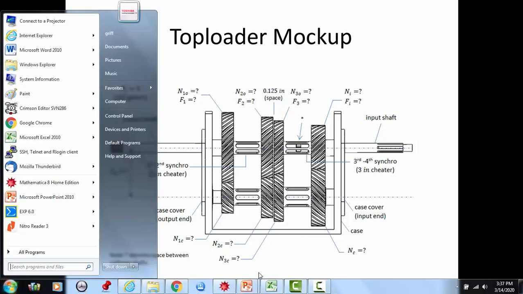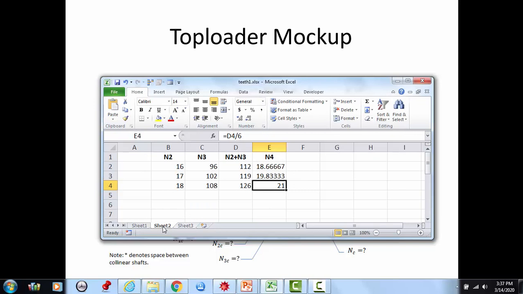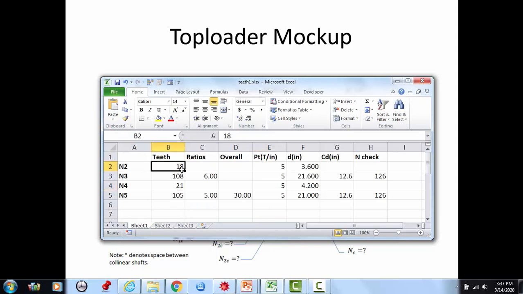So take a look at this from an Excel perspective and see what we get, with this kind of setup too. So that was 18 feeding the 108 to give me a 6 as that first stage. And then I've got 21 feeding the 105, giving me 5 for that second stage, and the overall was 30. I've put a dollar sign on that, multiplying these two together, because I'm going to add some rows later.